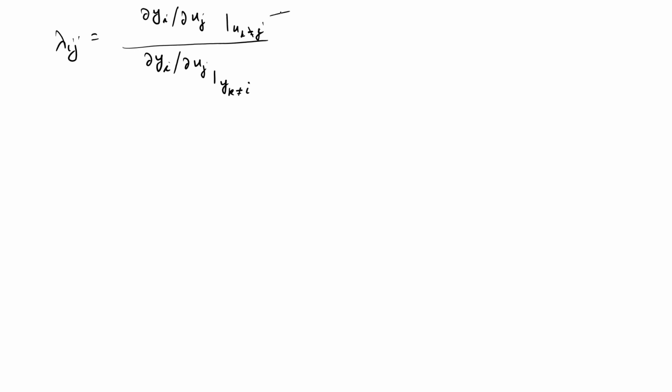So what is the numerator? This is nothing but the open loop process gain. This is kij.